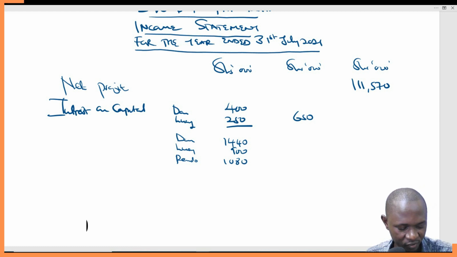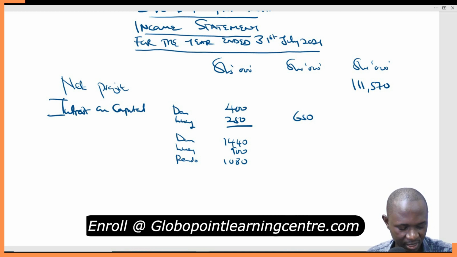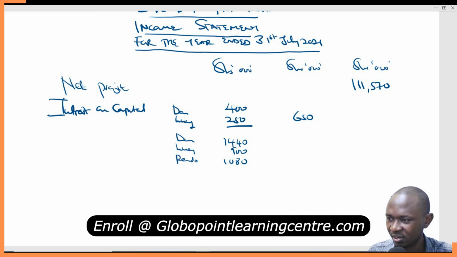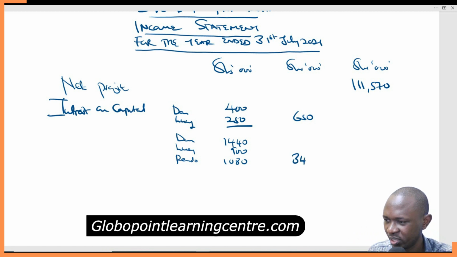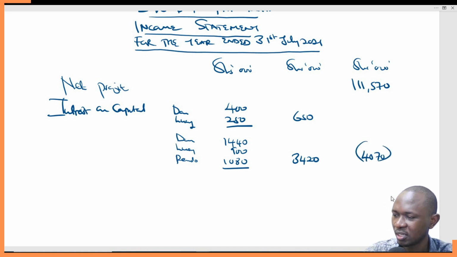So we simply add 1440 plus 900 plus 1080. That gives us 3420. And then when we add 3420 plus 650, we get 4070. Bring it here as our total interest on capital.